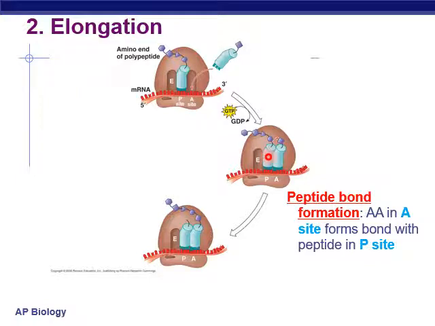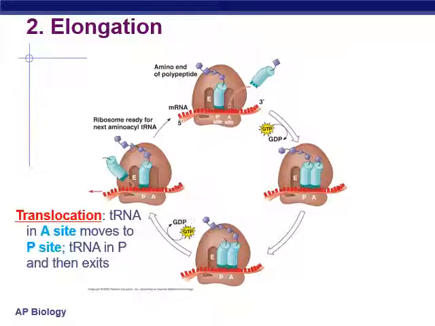The tRNA with the polypeptide in the B site shifts into the A site. Then the tRNA at the A site moves to the B site and then exits.